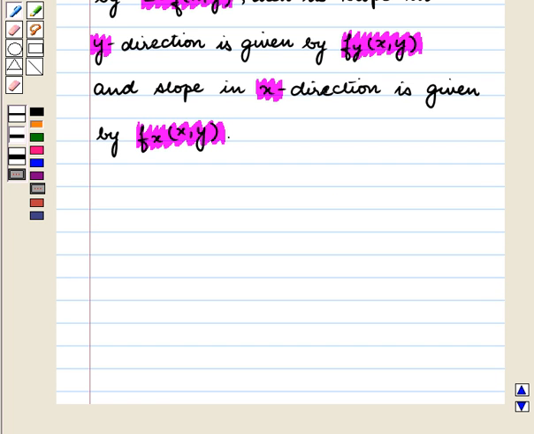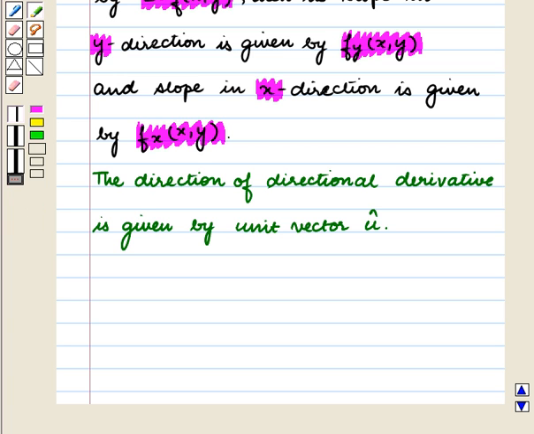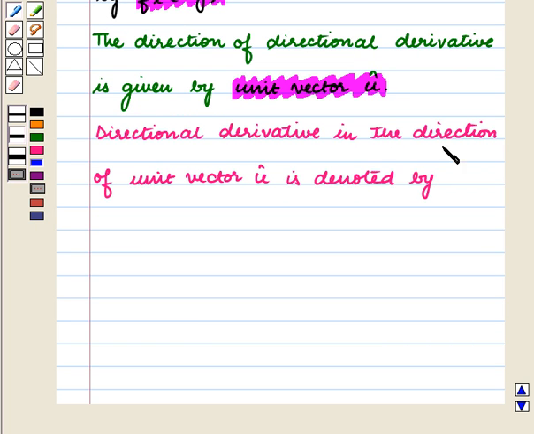Now if we want to find its slope at a point on the surface in any direction, then we will use directional derivative. The direction of directional derivative is given by the unit vector u. The directional derivative in the direction of unit vector u is denoted by D sub u of f of xy.